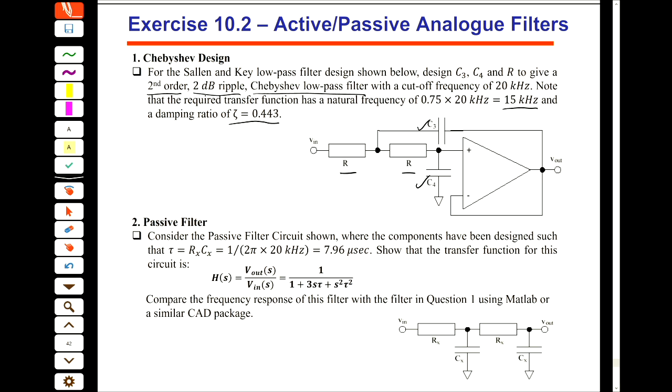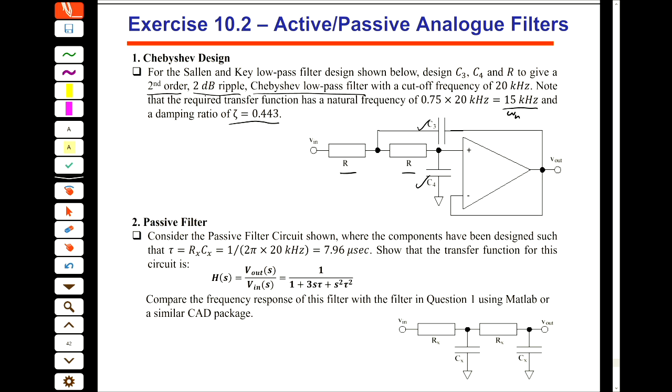So in the filter design, the specific values for the omega n and zeta can translate into the type of the filter and the ripple that we will achieve in our passband. Okay?